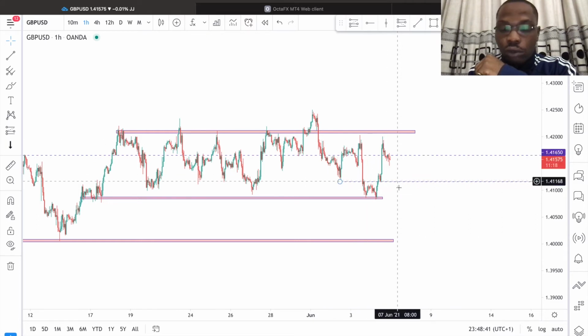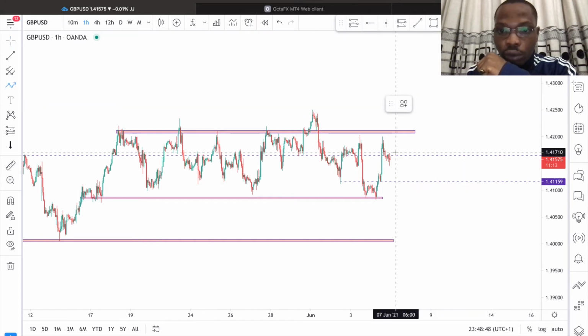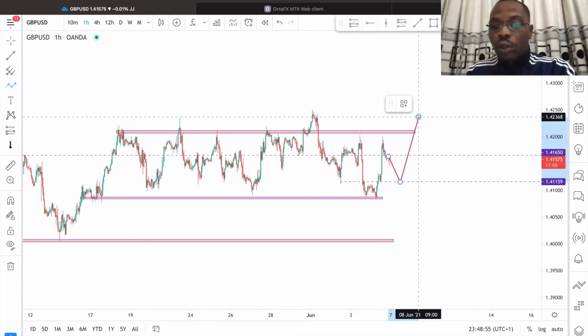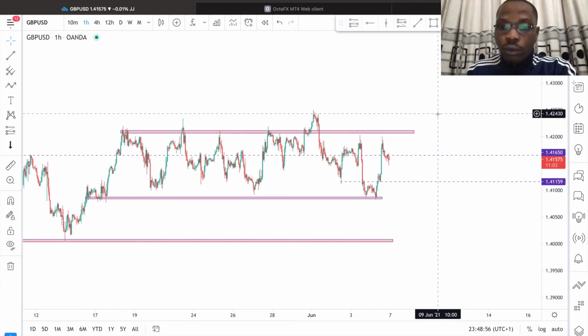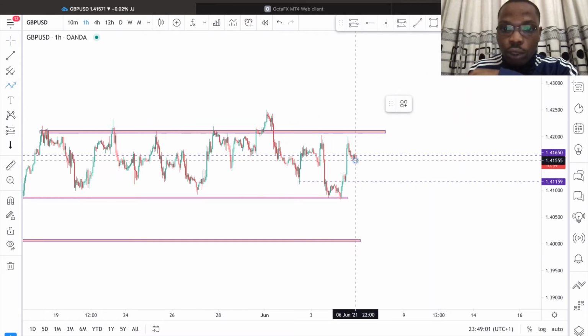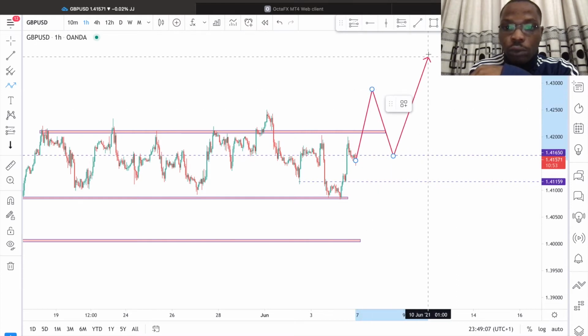So either a retracement back to the shoulder level before pushing back to the upside, let's draw that out, or we might get a push from here to the upside, and then we want to see a retracement back to this level before going back up there.